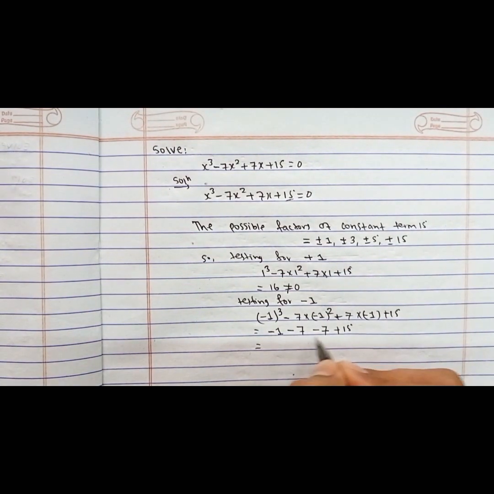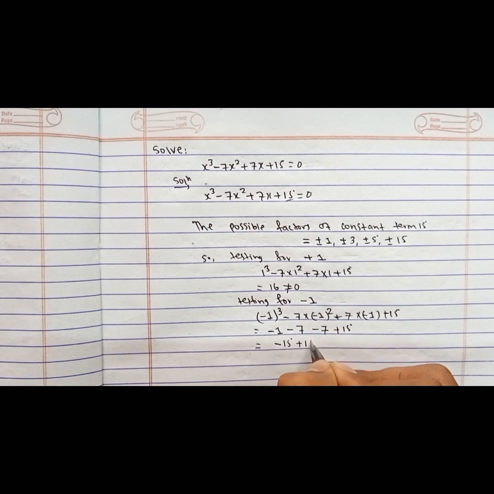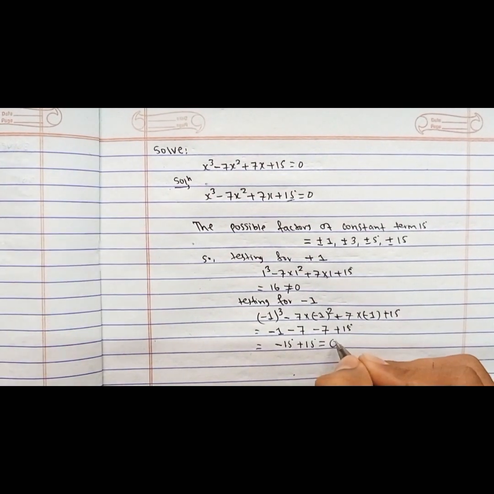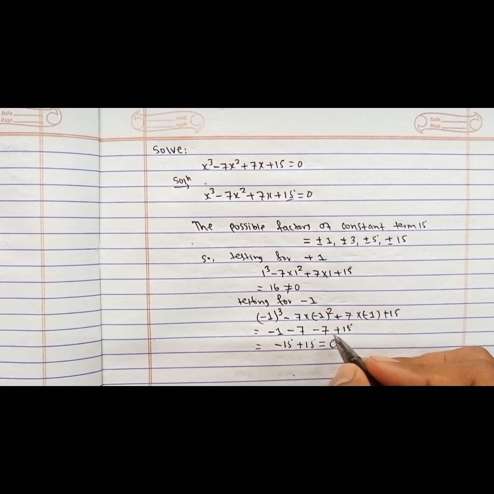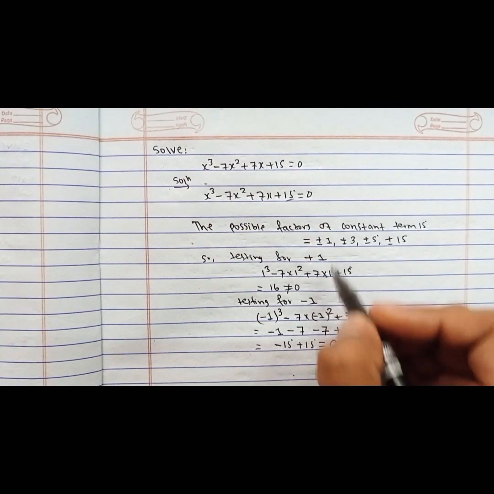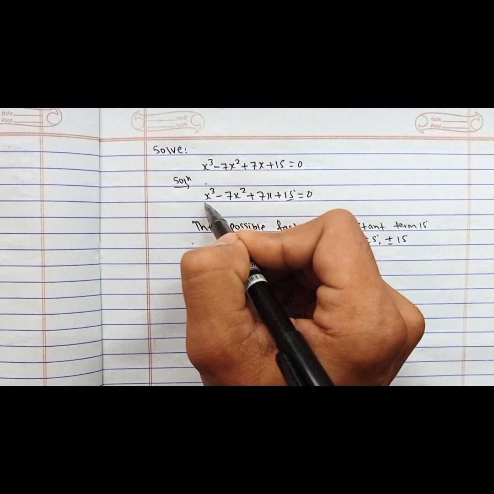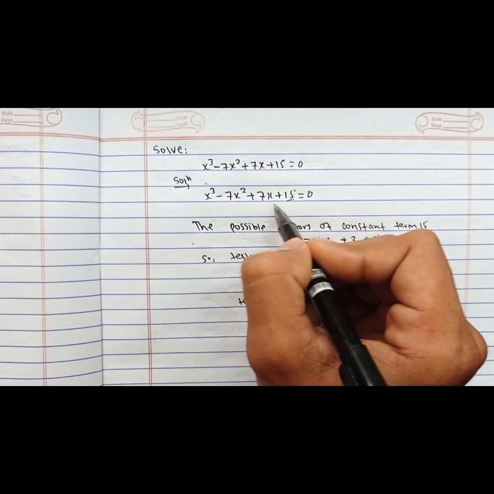If we add all the minus terms, we get minus 15, and this is plus 15. Minus 15 and plus 15 equals 0. Since we get the result 0, minus 1 is one root of this polynomial.